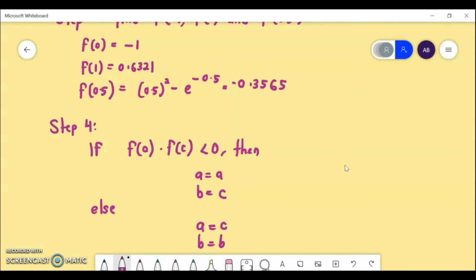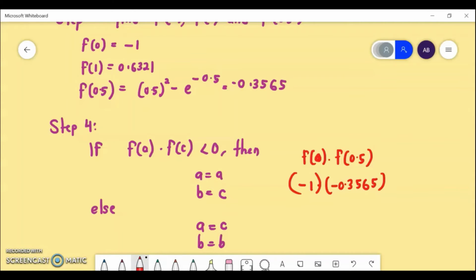Okay? So from our calculation earlier on, what is f(a) times f(c)? f(a) is negative 1, so we have f(0) times f of 0.5. So I have negative 1 multiplied by negative 0.3565.